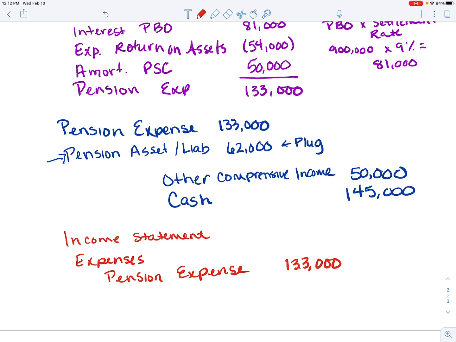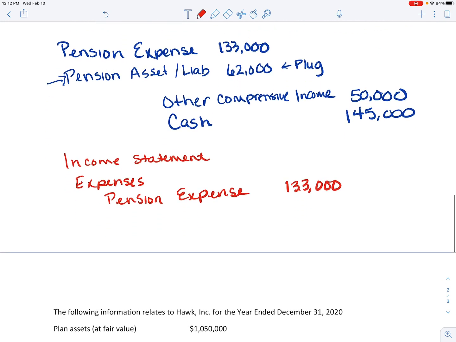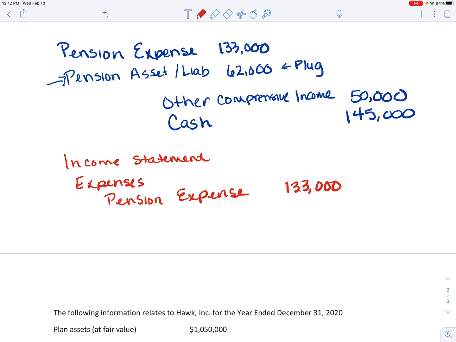Under that comprehensive income statement, in that section, that's where we're going to show that. So we're on the other comprehensive income section of your income statement. That's where we're going to show our amortization of that prior service cost.